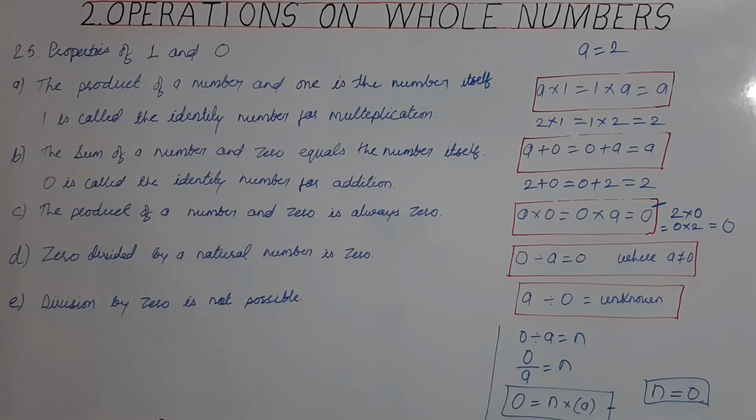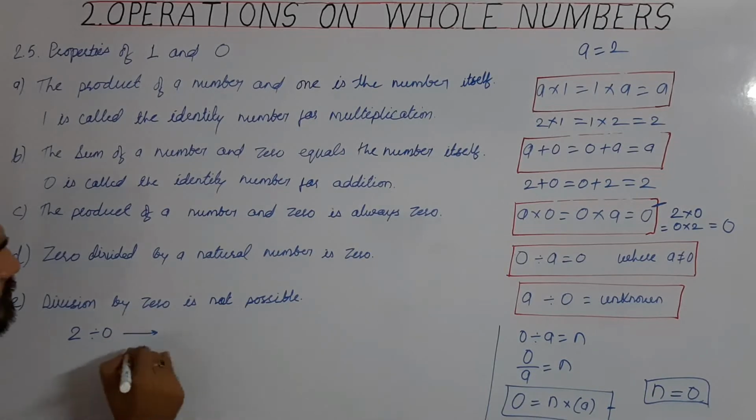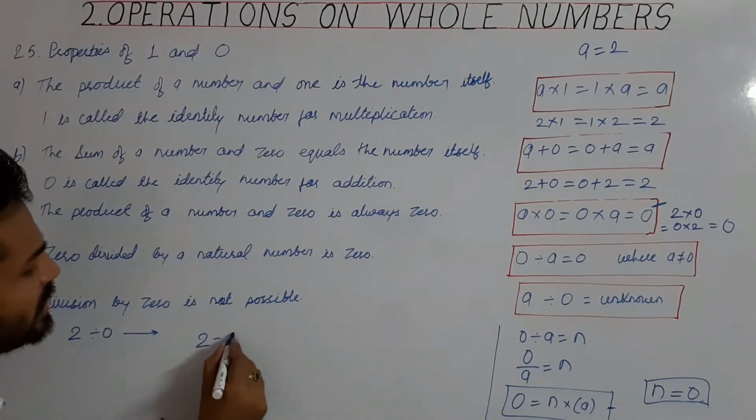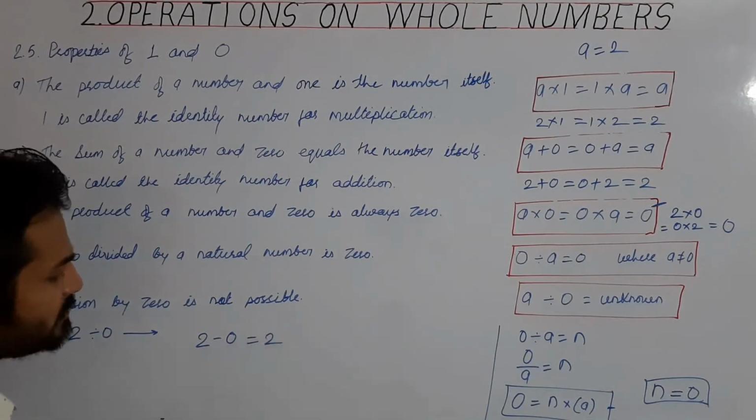Now last property, division by 0 is not possible. A divided by 0 is not possible, impossible or undefined. Now for check, if we divide 2 by 0 using repeated subtraction, we will write 2 minus 0 equals 2 in the first step.